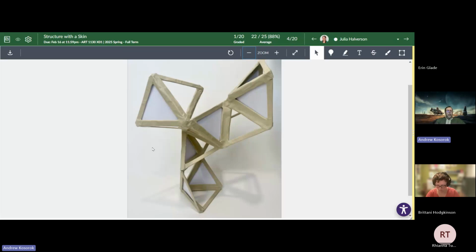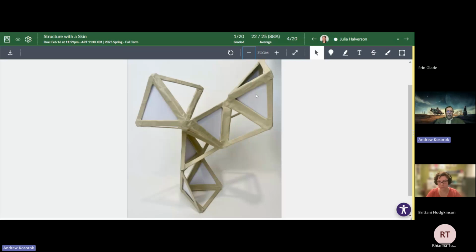One thing I like about this is it has a stable base, and then it has some of these elements that come out here and elements that come out here. So it does a better job of activating the volume around it rather than if this person just made a vertical tower. And it looks to me like the module that they have is a four-sided pyramid.